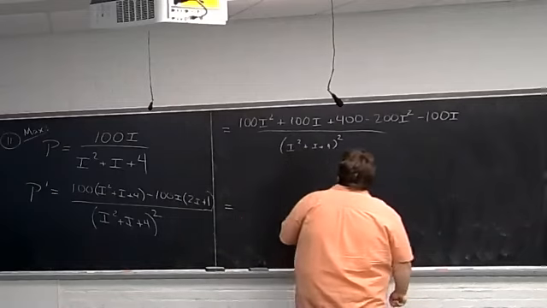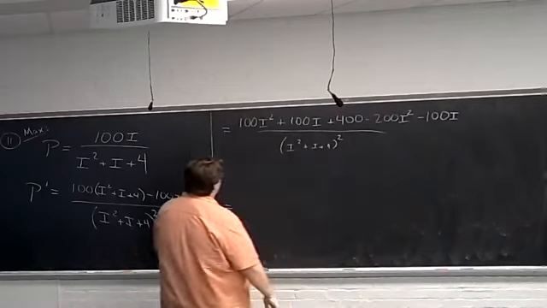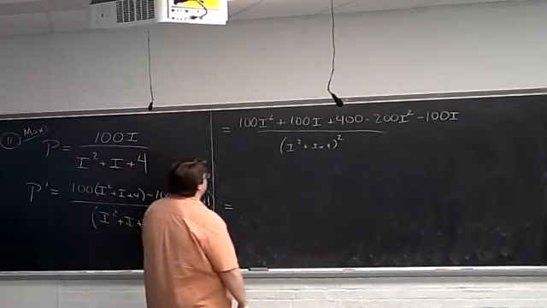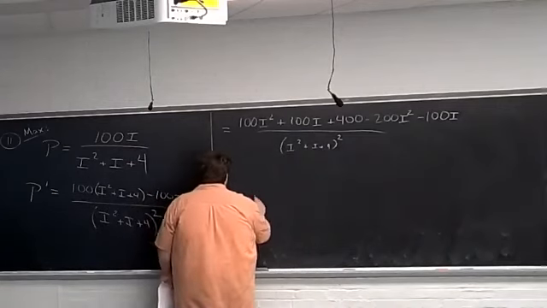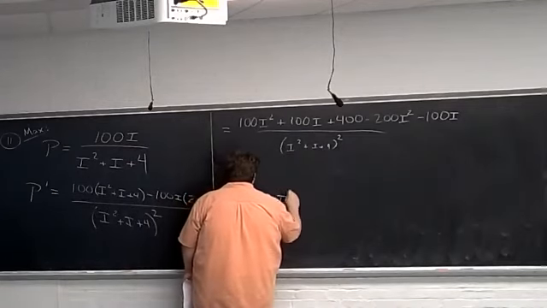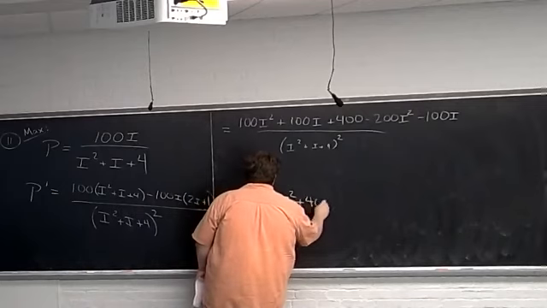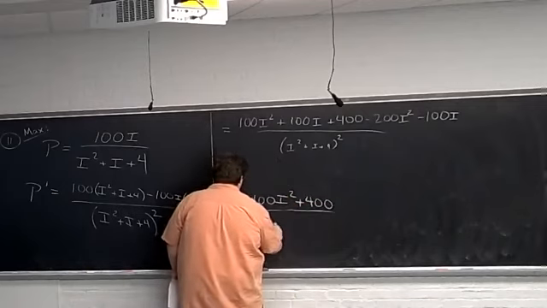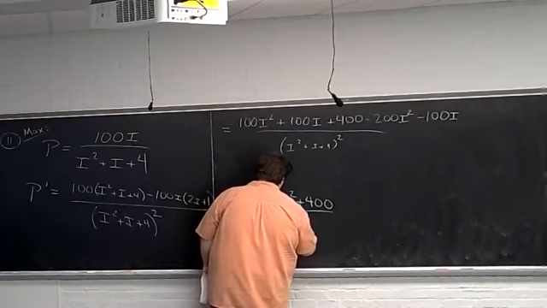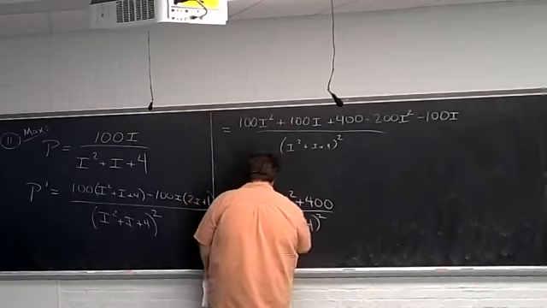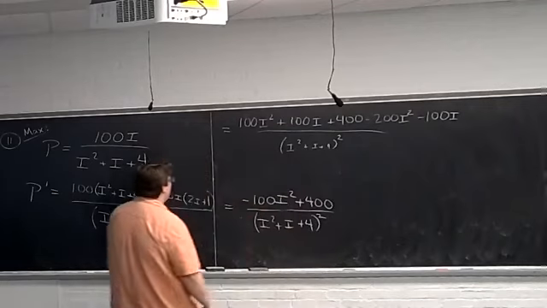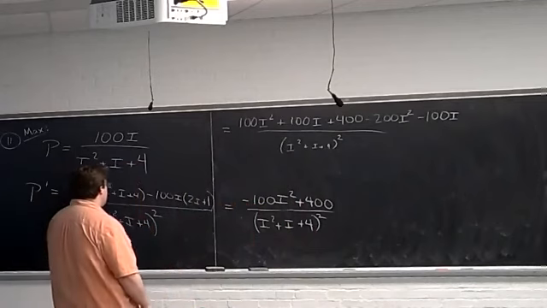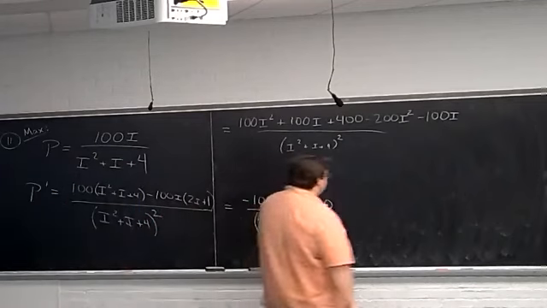Oh, that's nice. 100I and negative 100I cancel. So we're left with negative 100I squared plus 400. Nice, we get 2 and negative 2. That's convenient. So you get negative 100I squared plus 400. Any questions about simplifying that numerator?